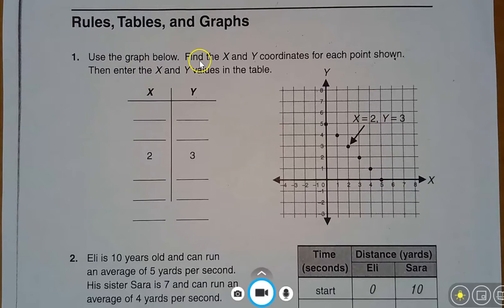Okay, so it says, find the x and y coordinates for each point shown. They already gave you part: down over 2 and up 3. But they want you to get 2 points before that.